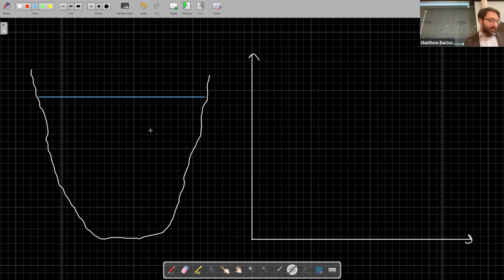So let's say we have a depth here. We have a depth somewhere down here. We have a depth somewhere down here. So again, all of these depths here, these are at the same discharge, but different velocity.